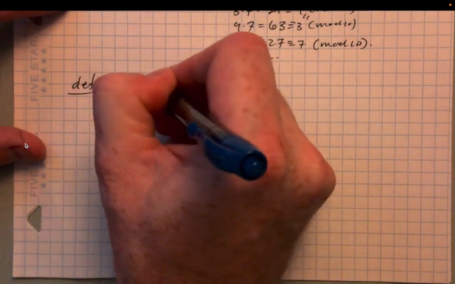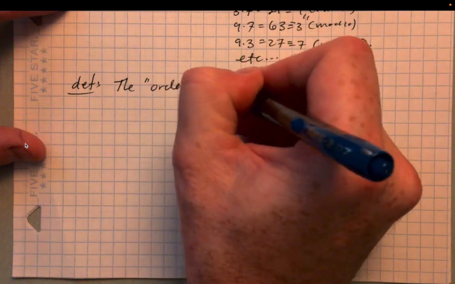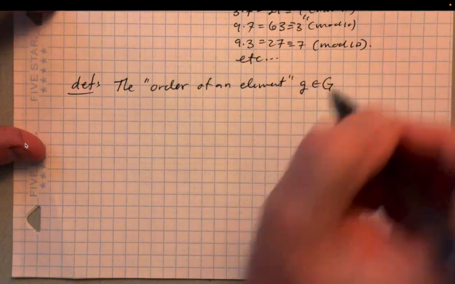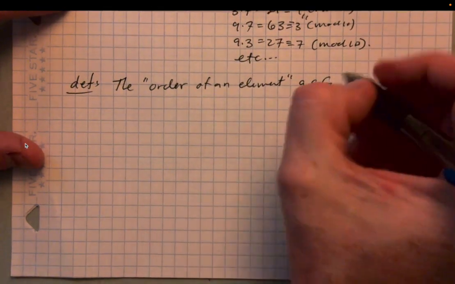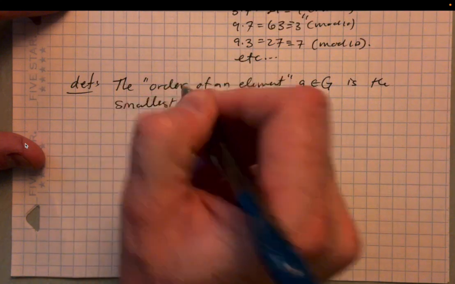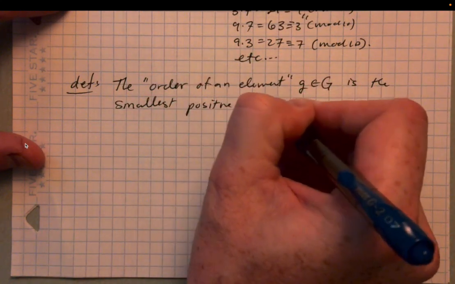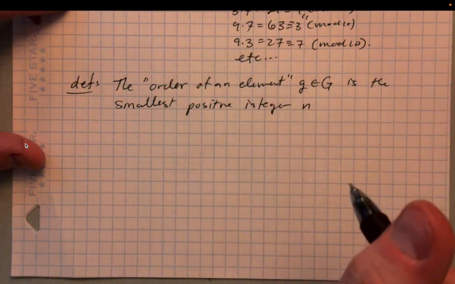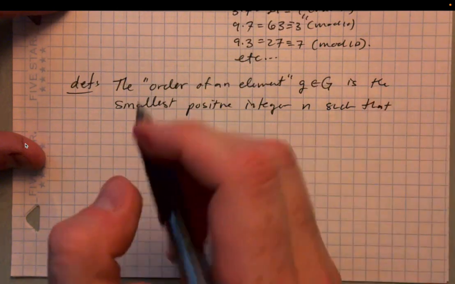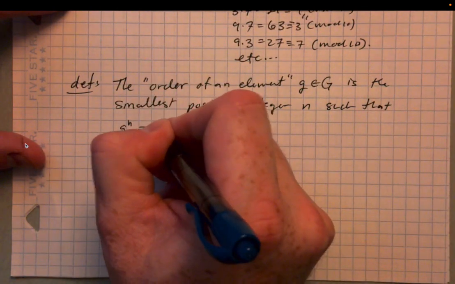The order of an element g in a group G is the smallest positive integer n. It's the smallest positive integer n such that g raised to the nth power is e.